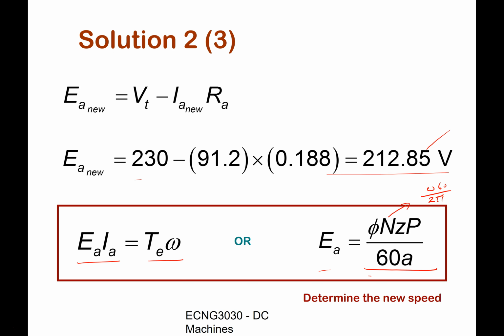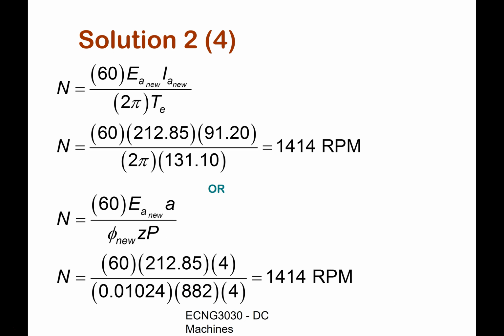So I could use either of these, or if I had found what K phi was from the previous example, I could say EA is equal to K phi new multiplied by omega m, and I could simply solve because I would know these two parameters.